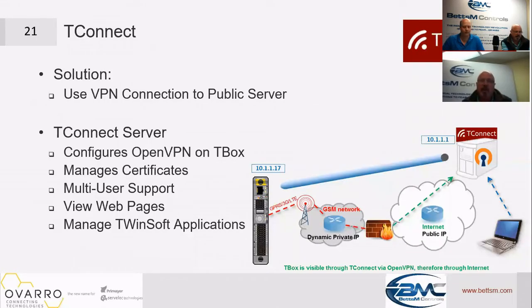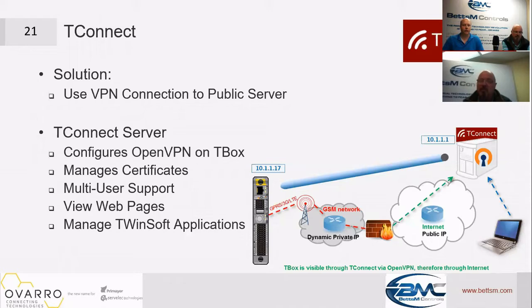Okay. And this is T-Connect, which looks like a connection software for VPN. Yeah, T-Connect's really neat because, let's say you decided that you wanted to have all of your T-boxes be their own web servers, which is great. But once you get 5 or 6 of them, it becomes a real pain to maintain.